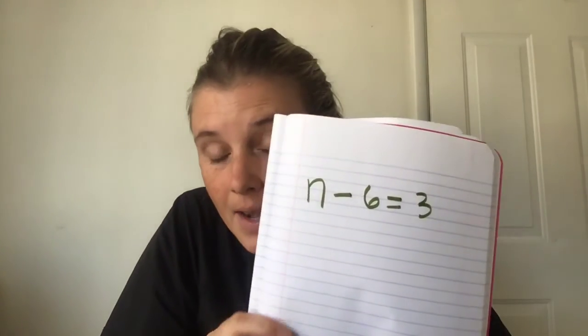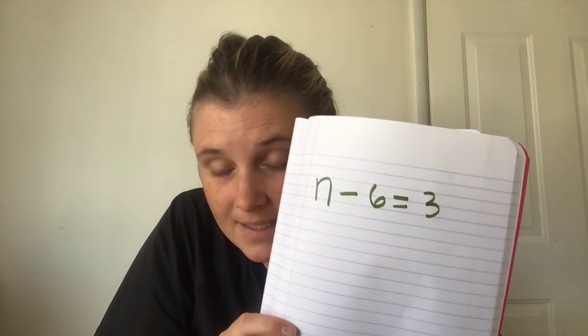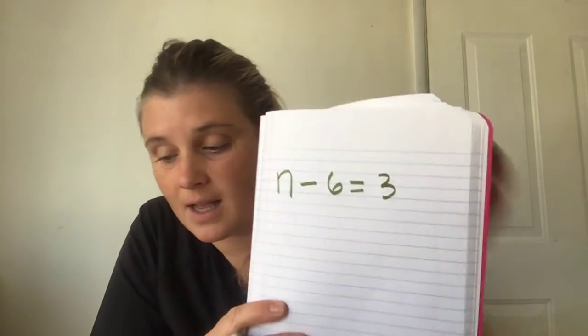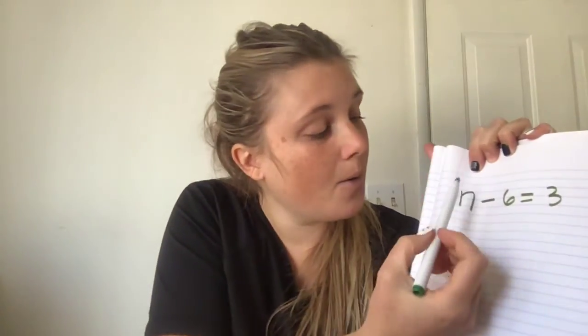I'm going to tell you one. A number. We don't know what that is, so I'm going to put a letter there, N. A number minus 6 equals 3. Okay, we're going to balance these.